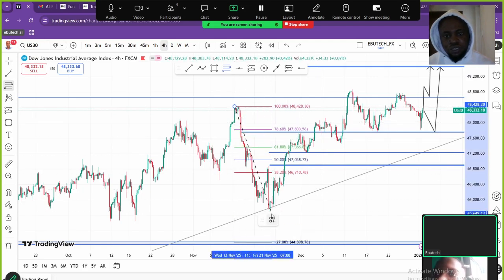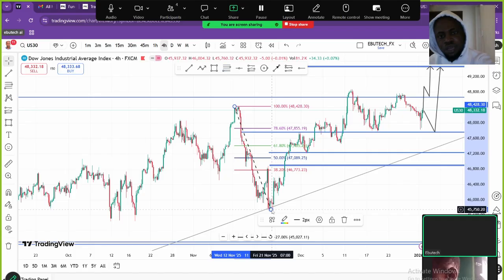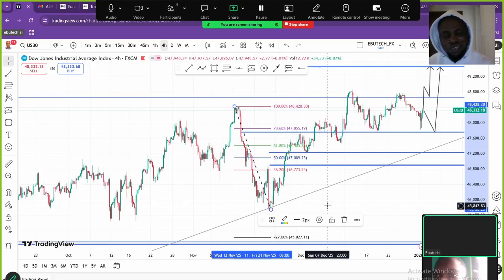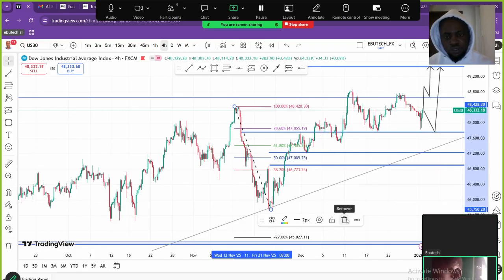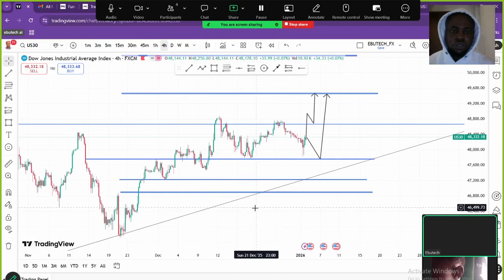You see, there is a reaction at the 61% level and the 50% level. The same way you use it on the uptrend, that's the same way you use it when the market is in a downtrend. Do you understand? Yes. Okay, very good.